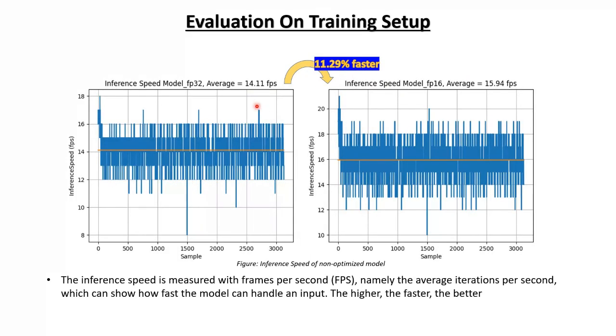If I look at the inference speed in terms of FPS, the 32-bit model gives an average FPS of 14.11, and the model with the 16-bit value gives an average speed of like 15.94 FPS. So this floating point conversion from 32-bit to 16-bit affected the speed.